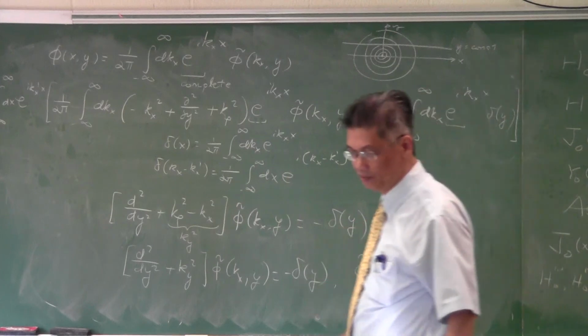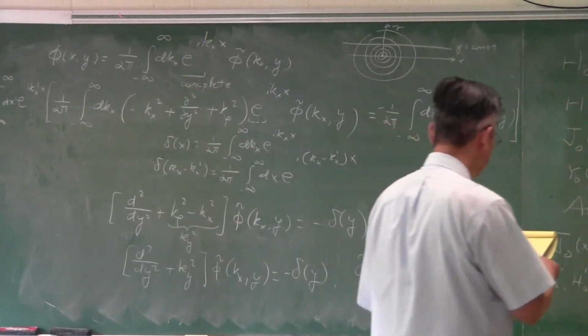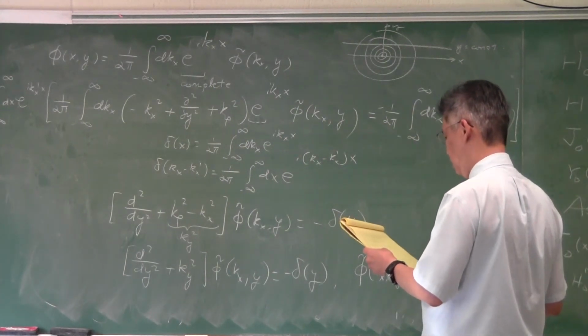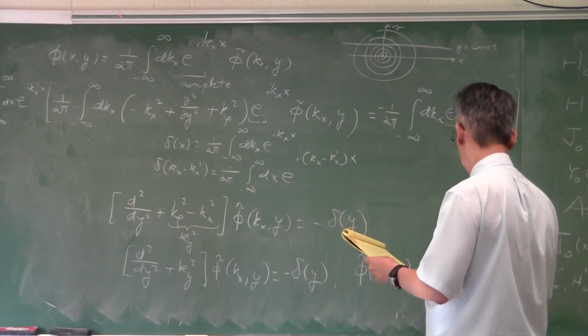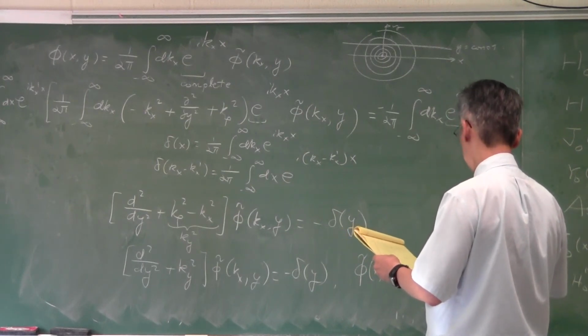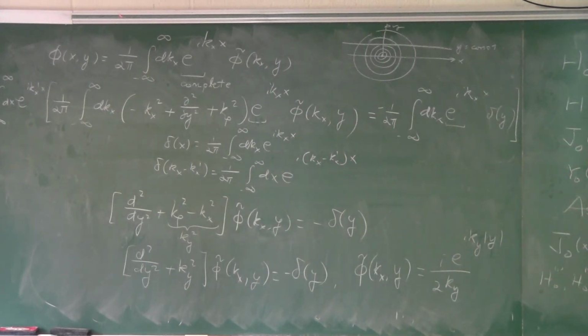You want me to derive it for you? I can just write it down, right? You will just forgive me if I just write it down. It is equal to i over 2ky, equal to iky. Why? You want me to prove this, or you can take it as it is?